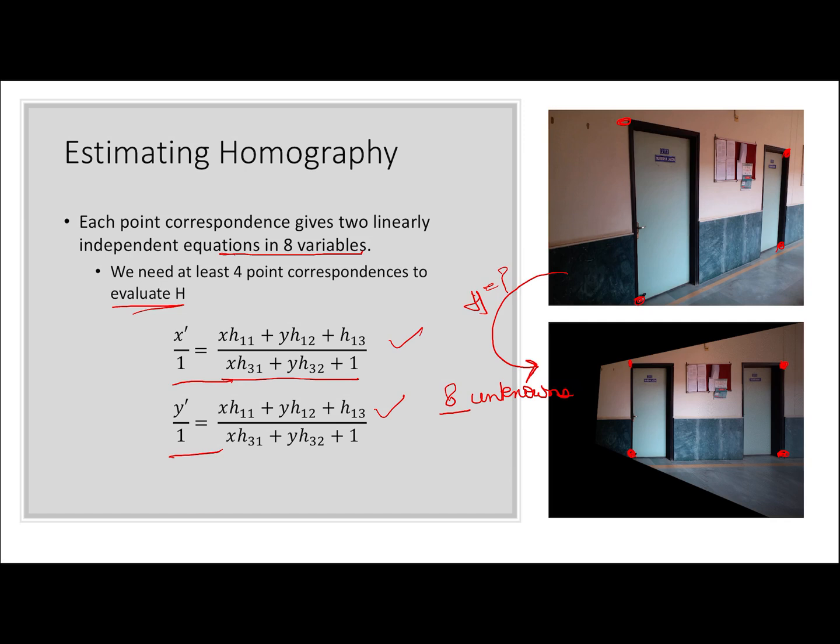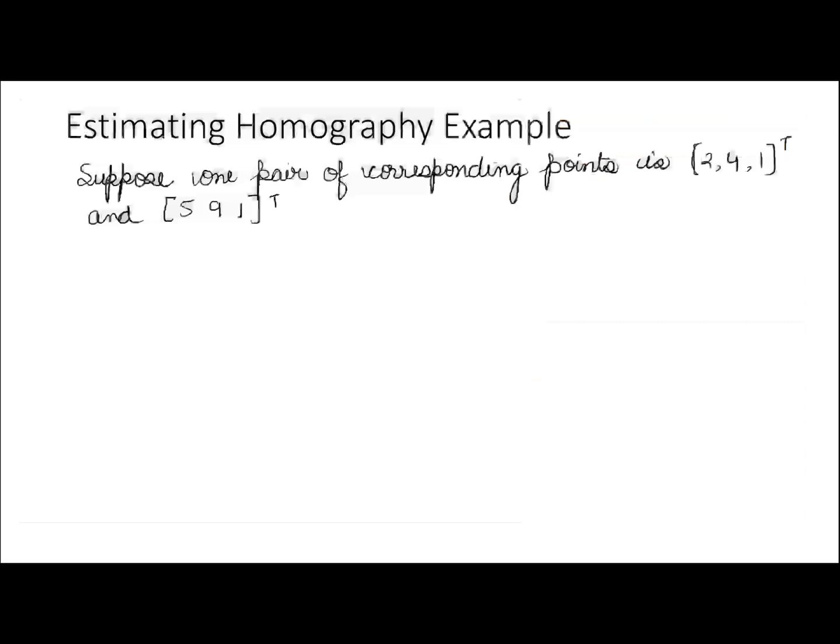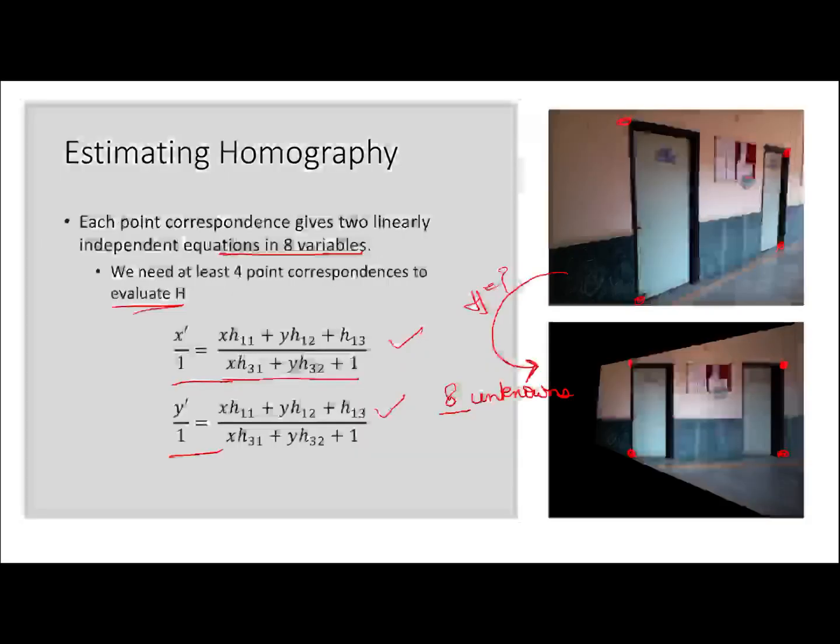Now let's understand how to estimate this homography with an example. Suppose one pair of corresponding points is 2, 4, 1 and 5, 9, 1 in homogeneous representation.